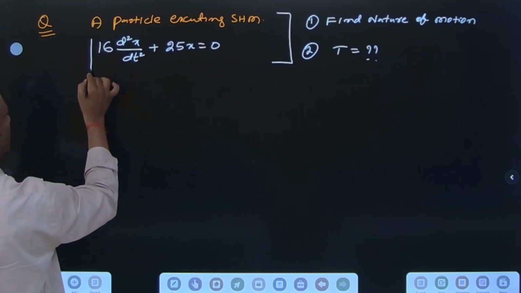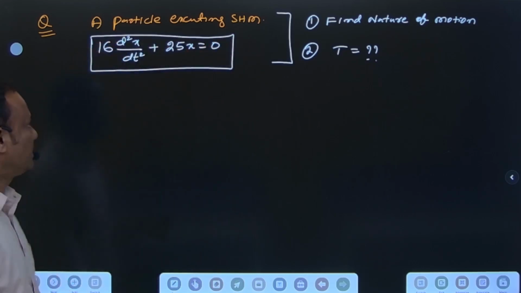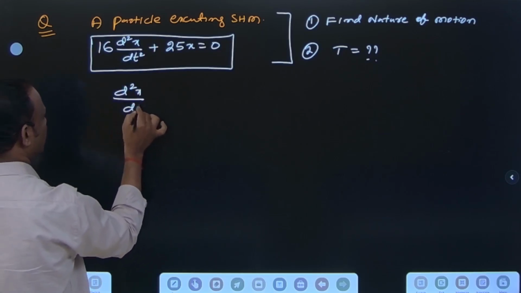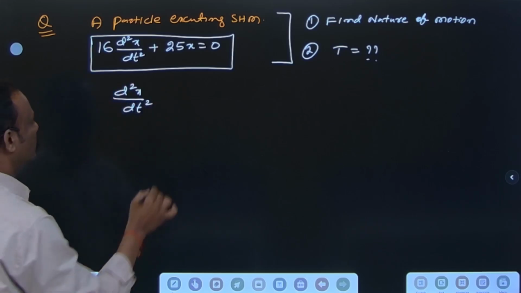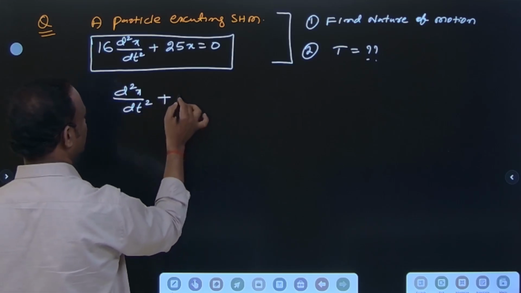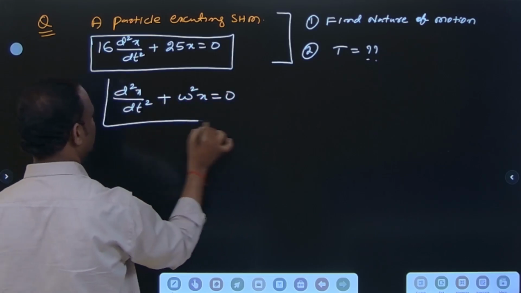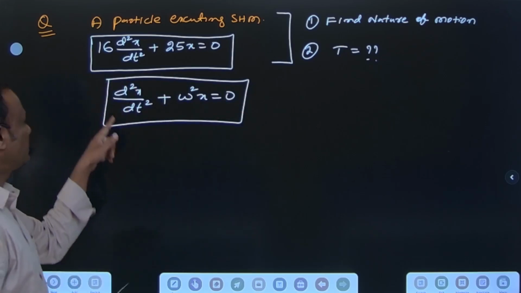This is, as we discussed, a differential equation. The differential equation formula is d square x by dt square plus omega square x is equal to 0, isn't it? Is there any multiple for d square x by dt square?